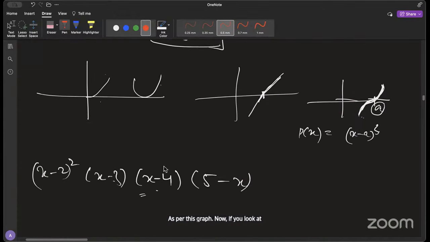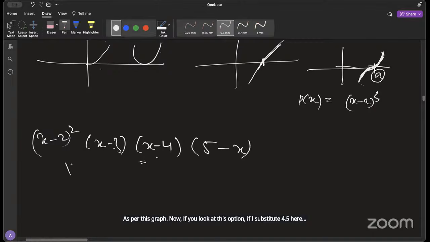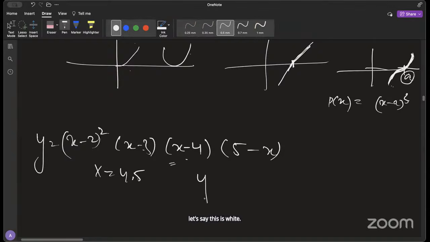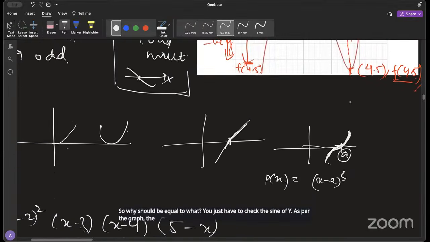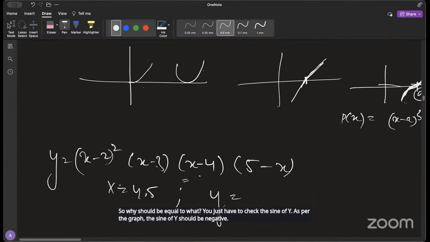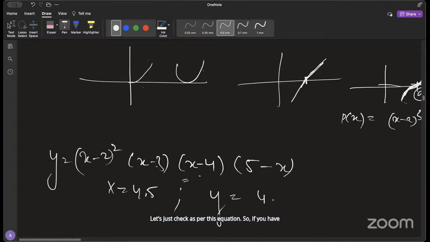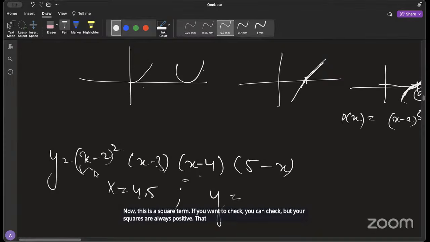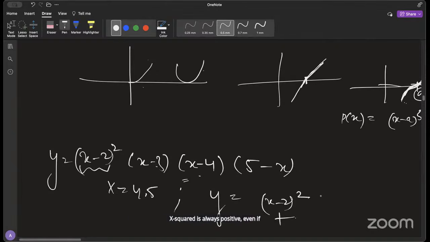Now, if I substitute x equals 4.5 in this option, let's say this is y. You just have to check the sign of y. As per the graph, the sign of y should be negative. Let's check as per this equation. You'll have 4.5 minus 2, and this is a square term, and squares are always positive. So (x minus 2) squared is always positive, even if you don't substitute anything. Then 4.5 minus 3 is a positive number, right?